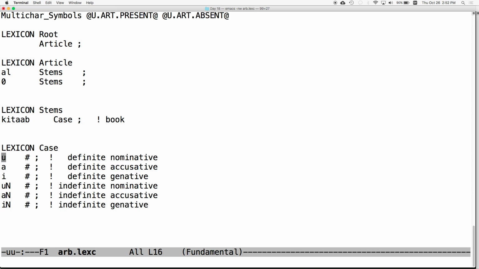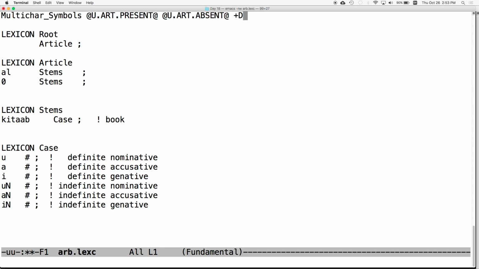Okay. So the old way, how are we going to do that? So let's go ahead and mark these with the underlying markers. Okay. So let's add some multi-character symbols. So we've been using the plus notation. You want to continue using plus?